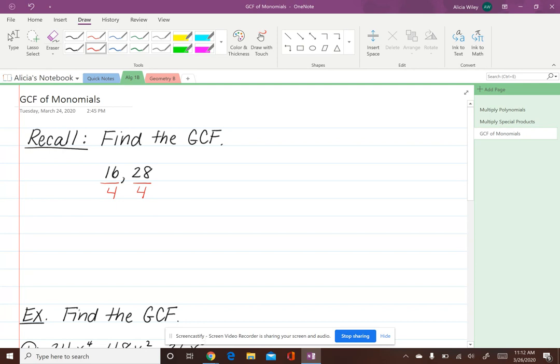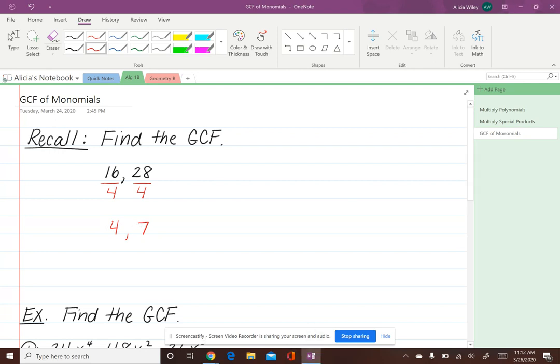Right? And a way that you could easily check that that's the GCF is actually do that division. When I divide 16 divided by 4 and 28 divided by 4, I get a 4 and a 7. And the result of that division, you can see 4 and 7 have nothing more in common, right?